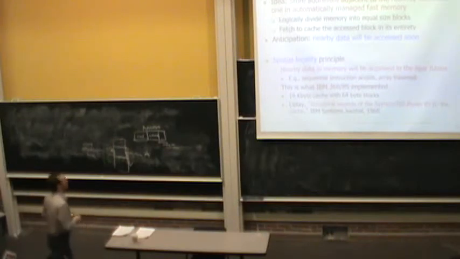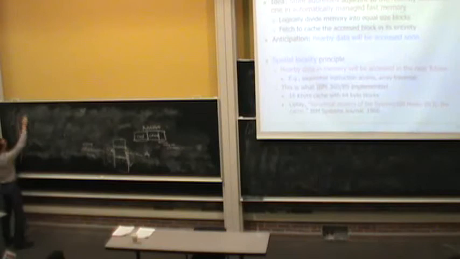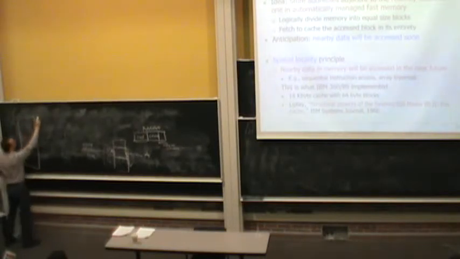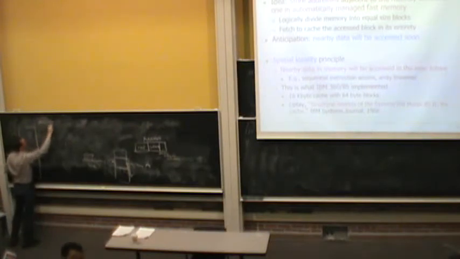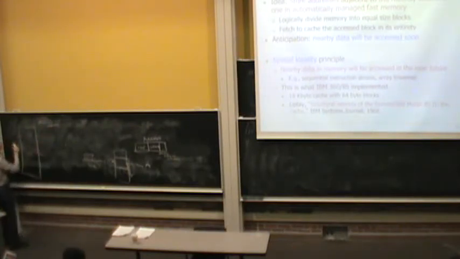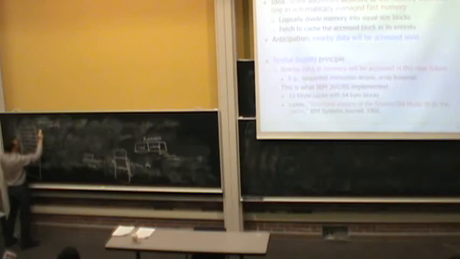Okay, so how do you do this? Basically, if you look at your physical memory space, you can logically divide this memory into blocks. And let's say your block size is 64 bytes. So this is block 0 in physical memory, and block 1, and block 2.